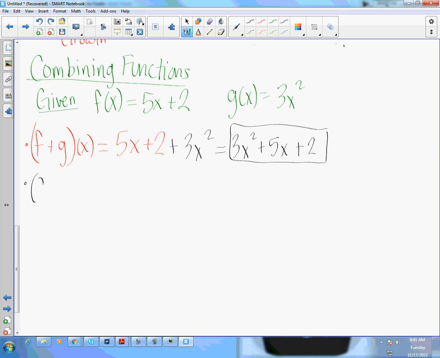Okay, what about f minus g? This is written f minus g of x. This is not times x, it's of x.